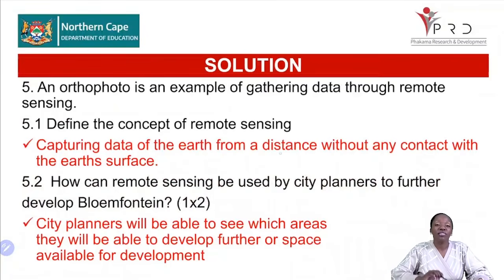So therefore, the city planners will be able to see which area they will be able to develop further, as well as the space that is still available for the development. Remember, if you are not using remote sensing, you might pick up the area, then you find that there is no space in that area, or that area is not suitable at all. So if they are able to gather this information before they even physically there, so by the time they are developing, it means their work will be easier.